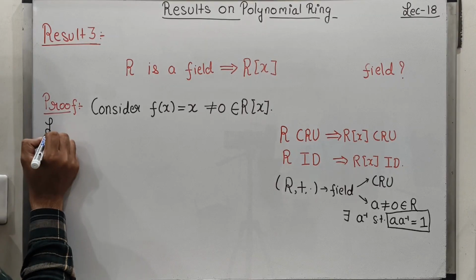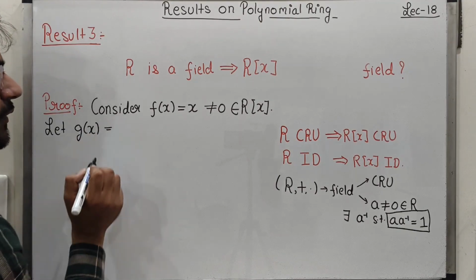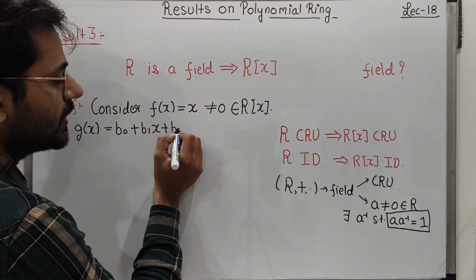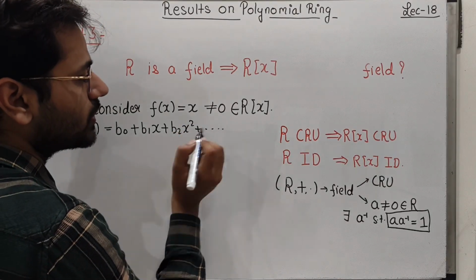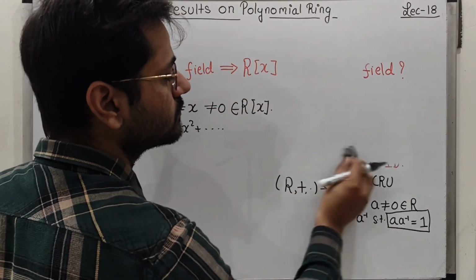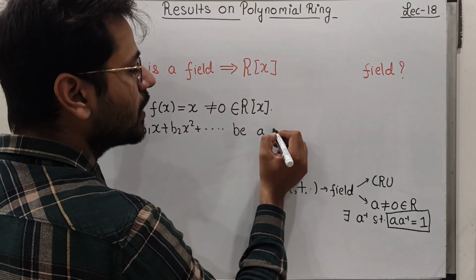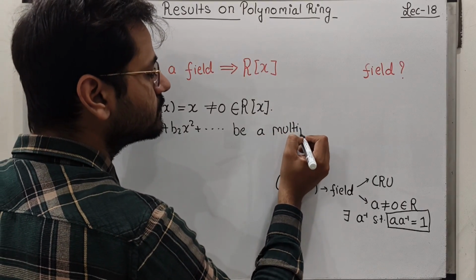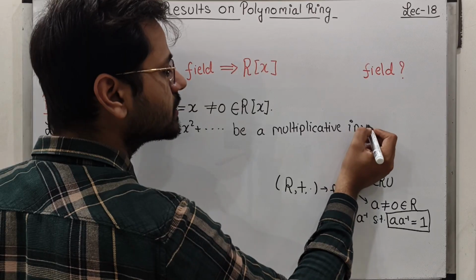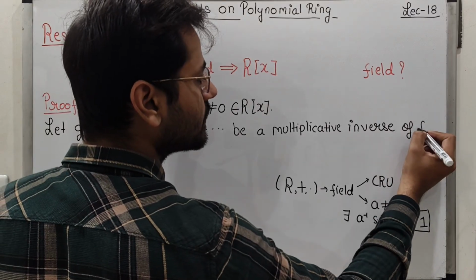So let g(x), which I define as b0 plus b1x plus b2x square plus so on, be a multiplicative inverse of f(x).